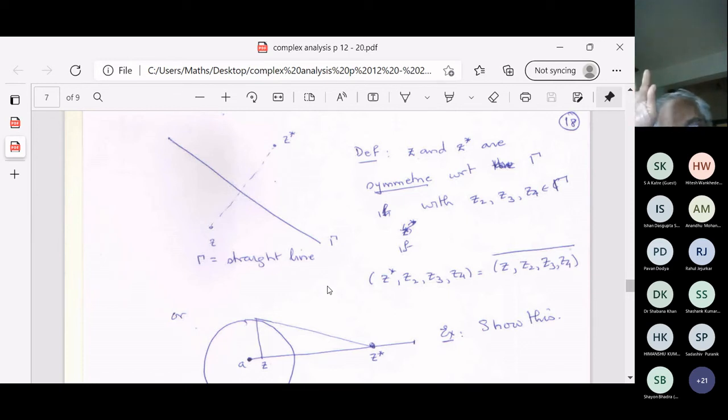Be slightly careful there. We are talking in the complex plane. We have a straight line in the complex plane, gamma. Okay, and then we know what we mean by the reflection in gamma.